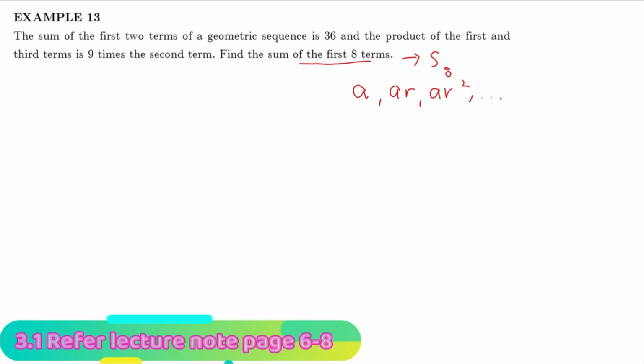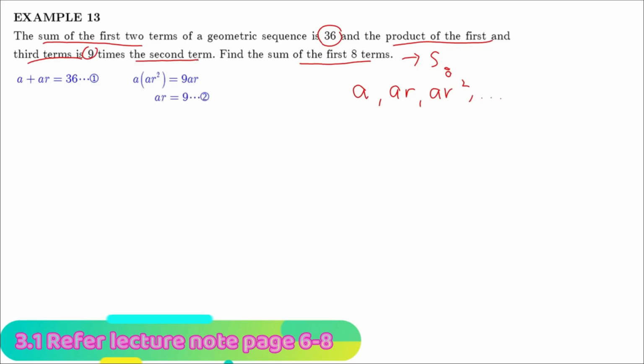Taking out the information given to us, the sum of the first two terms is 36. So we have A plus AR equals 36. And the second one, the product of the first and the third terms is 9 times the second term. So here we have A times AR squared equals 9AR.